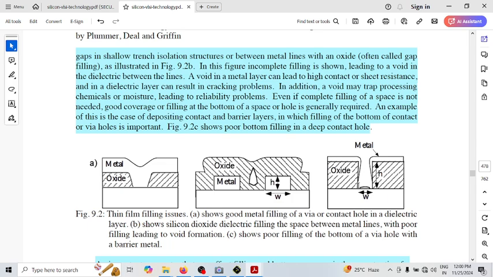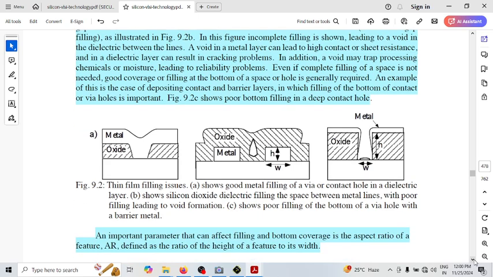You can see this is not covered here, and not covered here. So this is a very poor covering of the via. Why this happens is because of the aspect ratio: when the height is more and more, you need a larger width so that this covers the entire dimension W. So that's what you can see here.